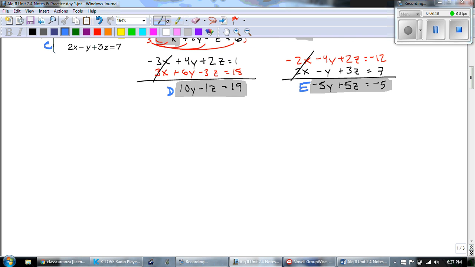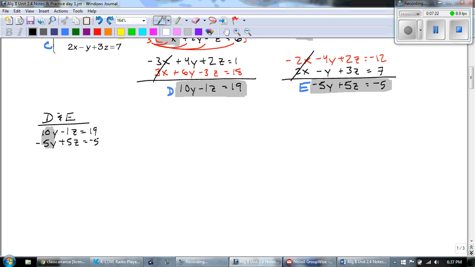Okay, so over here, I'm just going to write D and E. We've got 10y minus 1z equals 19. And then we have -5y plus 5z equals -5. Now, you could cancel the y's or the z's. It's whichever one you want.